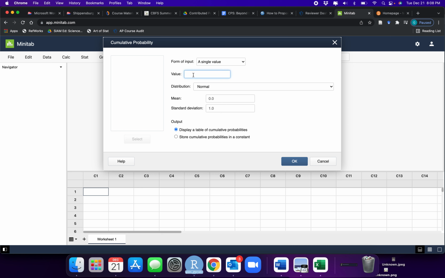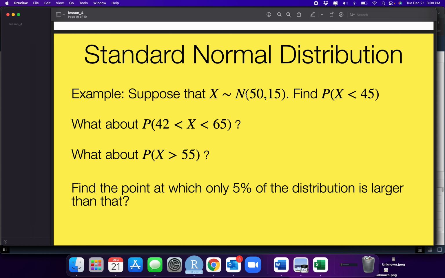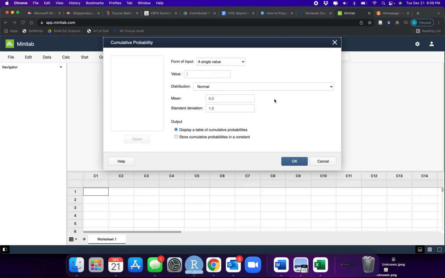Now remember, if we go back to my example, it said suppose that this random variable x has a normal distribution with mean of 50 and standard deviation 15. So if I go back to my window here, it asks me my mean, 50, and standard deviation, 15.